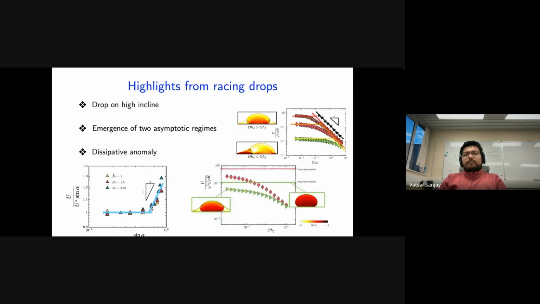And then of course we have this dissipative anomaly, where the limiting case of Ohnesorge going to 0 is not identical to Ohnesorge number equal to 0, because there is a difference, and that's just because of these boundary layers that are created where the dissipation never really disappears in the limiting case when the Ohnesorge number is small but finite.